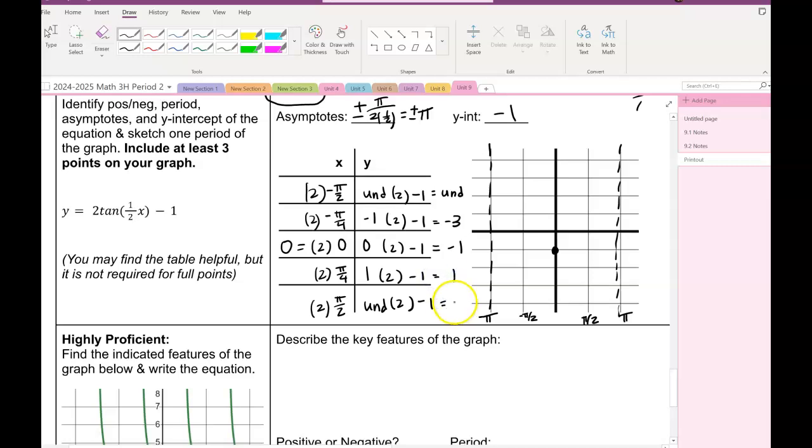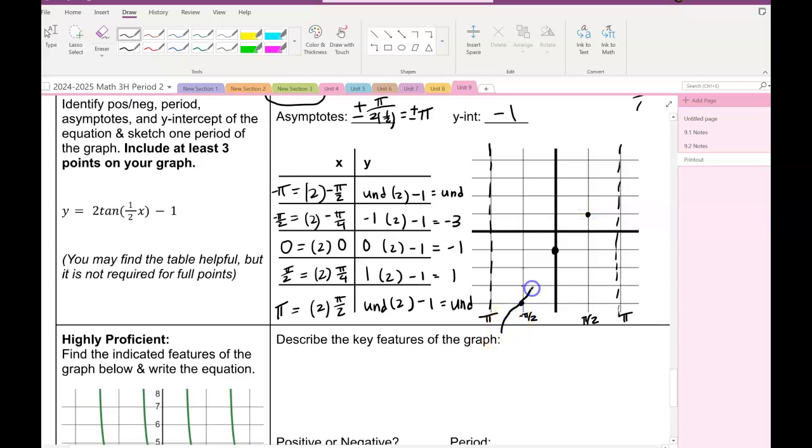And this will be undefined. Okay, so this makes negative pi, which makes sense. That's our asymptote. This makes positive pi. And then this would be negative pi halves and pi halves. So at negative pi halves, we're at -3. And then at positive pi halves, we're at 1.